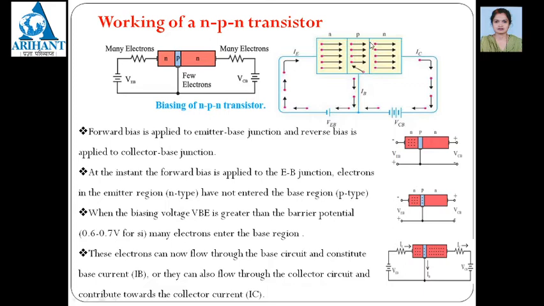You can see here also this diagram is representing the same, that electrons are coming from this, going into the N-type semiconductor, then going to this base. From the base, some of the electrons are going here and current is flowing as IB, and remaining electrons are going into the collector and forming the current IC.